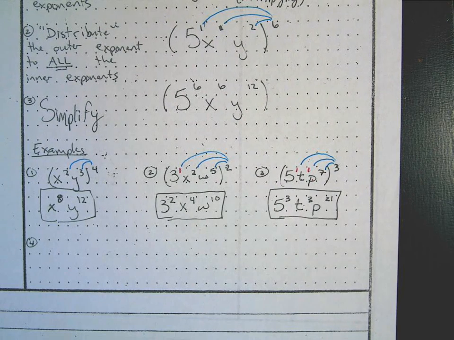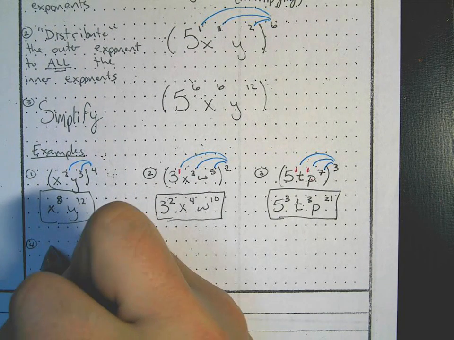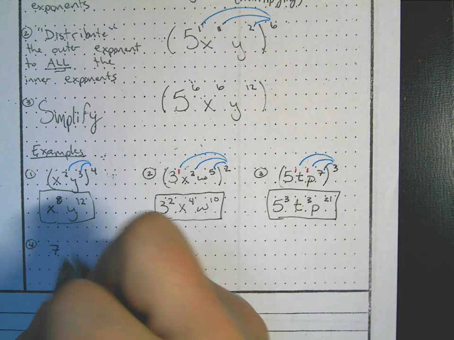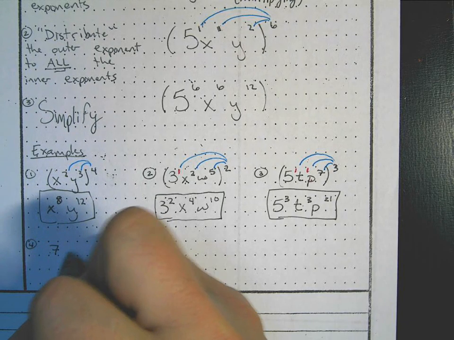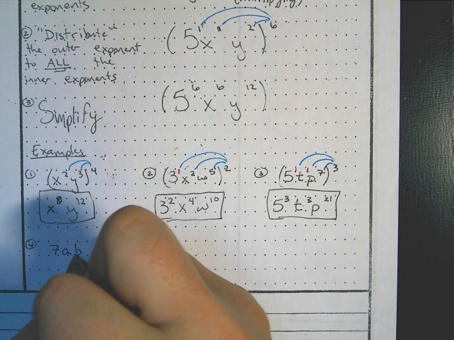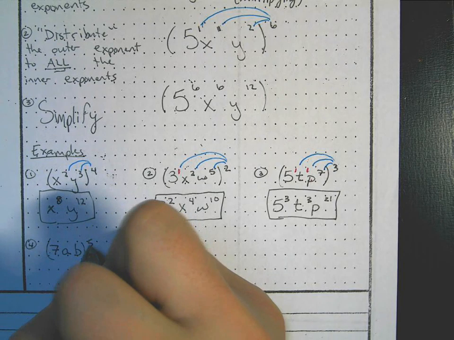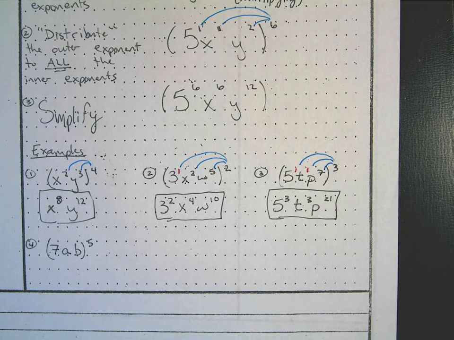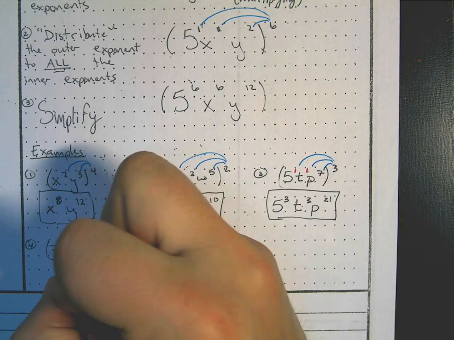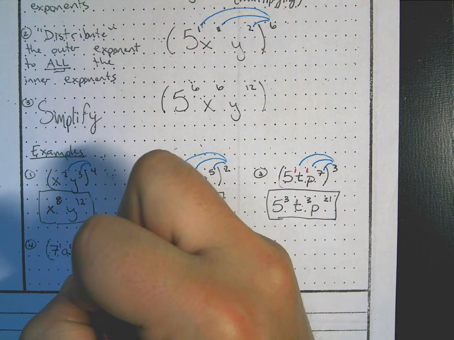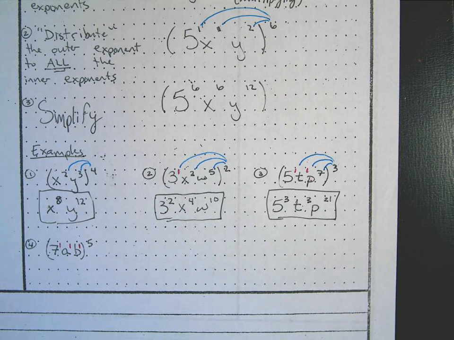Okay, let's try another one. Say we have 7ab to the 5th. Well, everything on the inside needs an exponent, so we'll write in those hidden exponents. There they are. No one had one, so now they all get one.